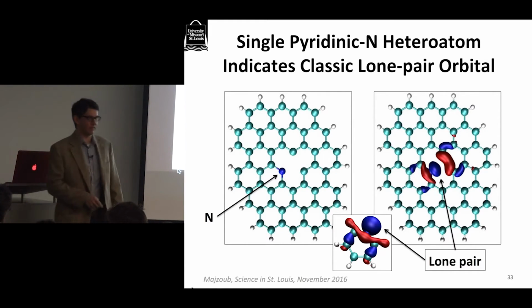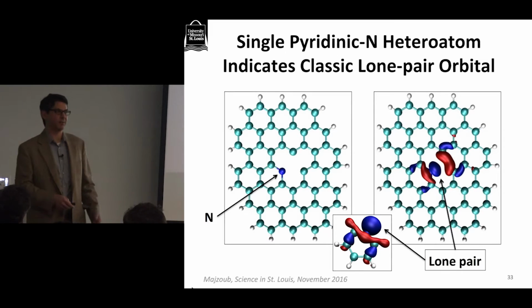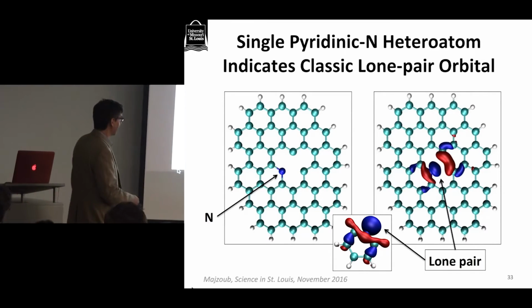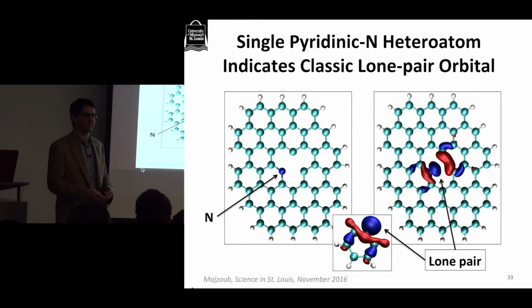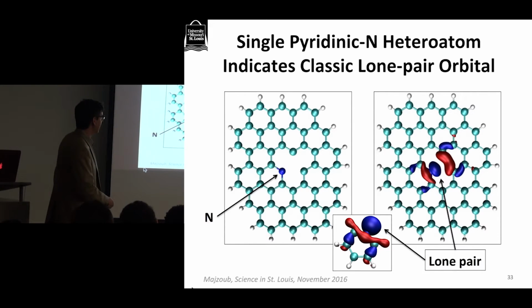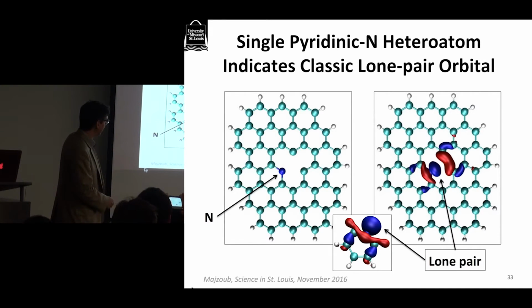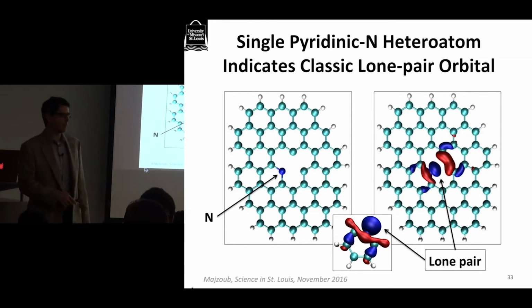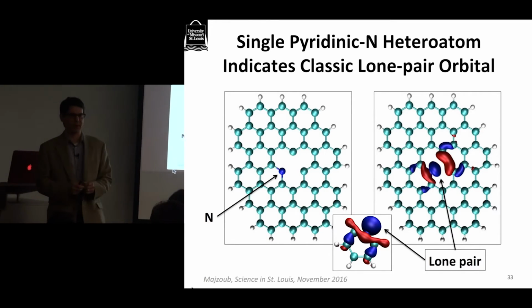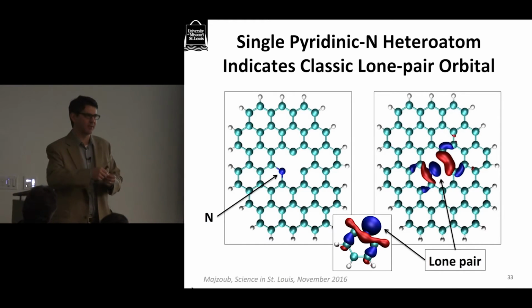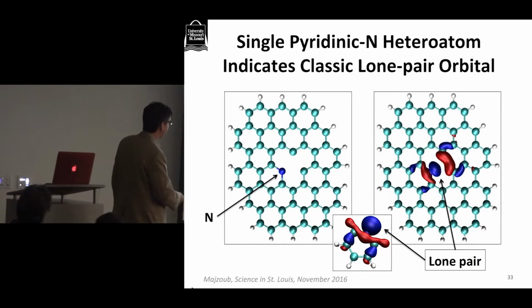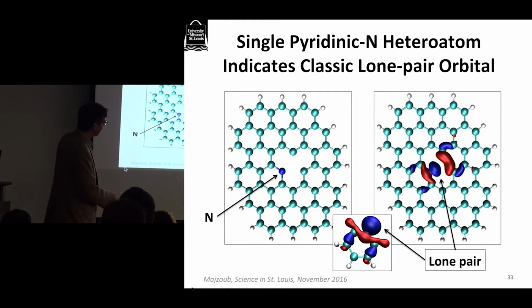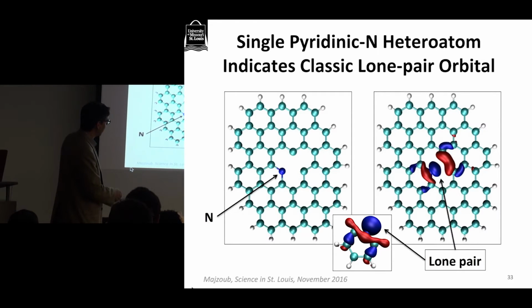If I want to look at where the electrons are in this material, I can do a specific kind of quantum mechanical calculation. It just tells me where the electrons are in the material. What I'm showing here in the little inset is a molecule of pyridine. Pyridine is basically a benzene ring where you take one carbon atom and replace it with a nitrogen atom. If you do this quantum mechanical calculation, you can locate where the electrons are.